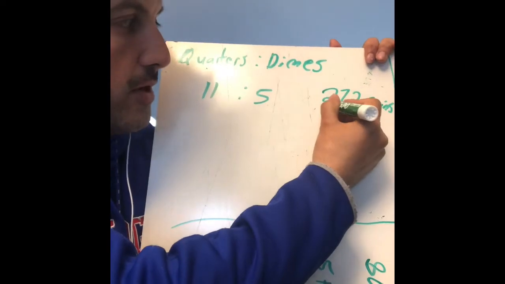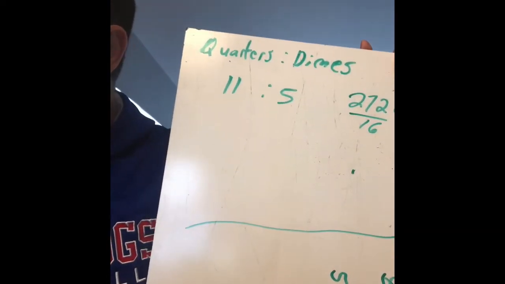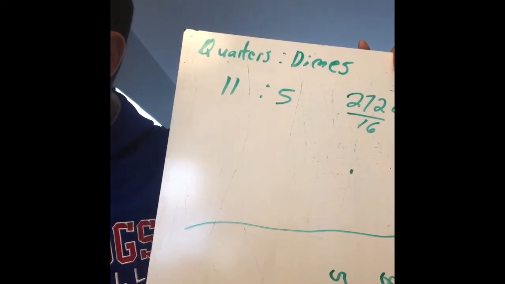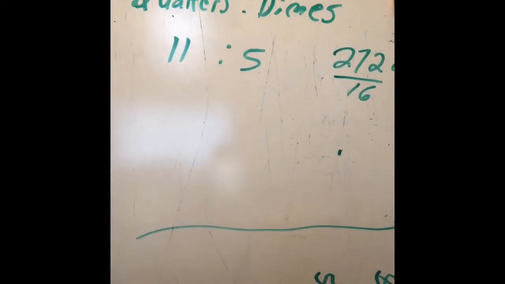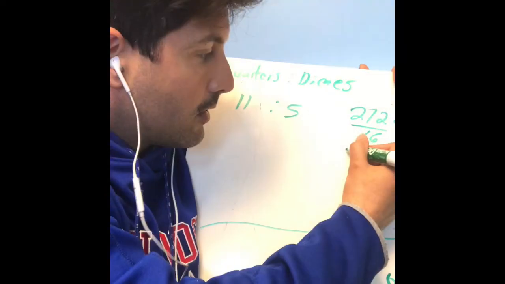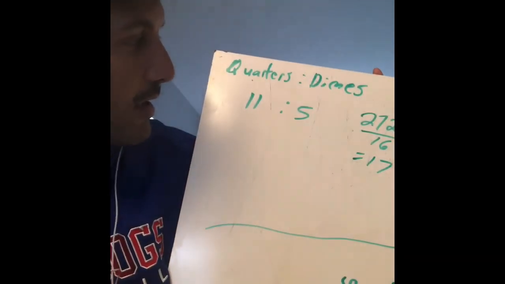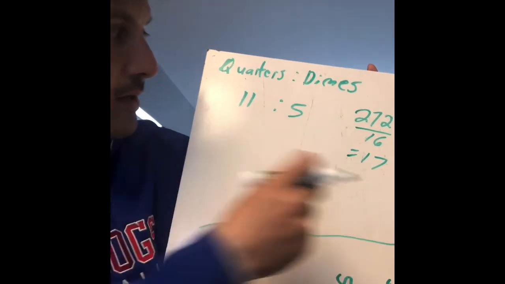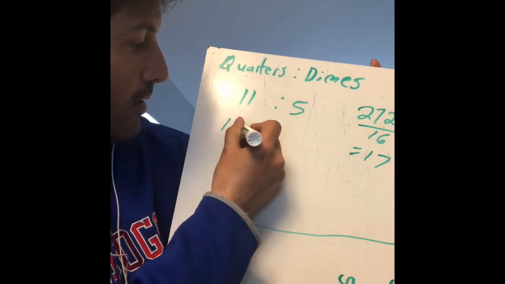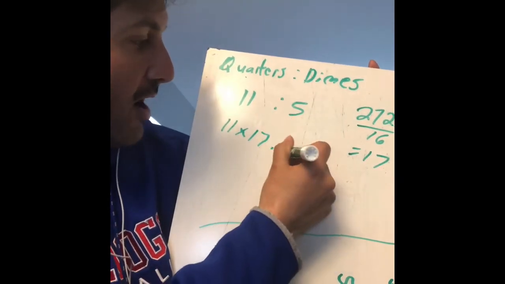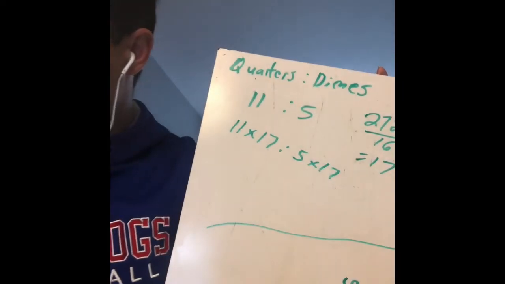So if we divide 272 by 16, we come up with a solution of 17. So I know that if I have 11 quarters, I multiply that by 17, and if I have 5 dimes, I multiply that by 17, and we'll get our solution.